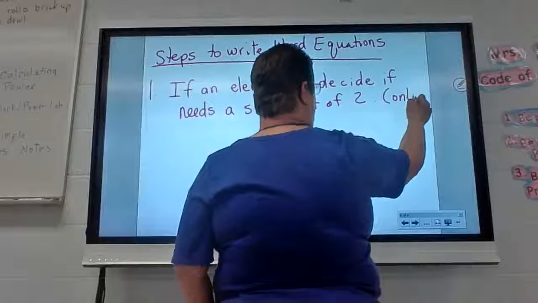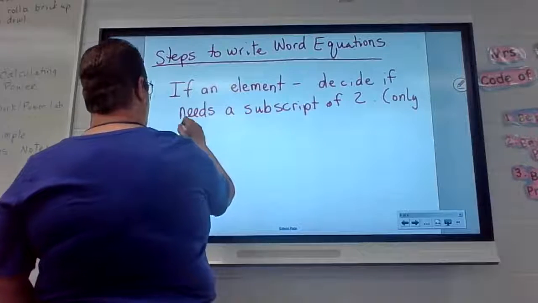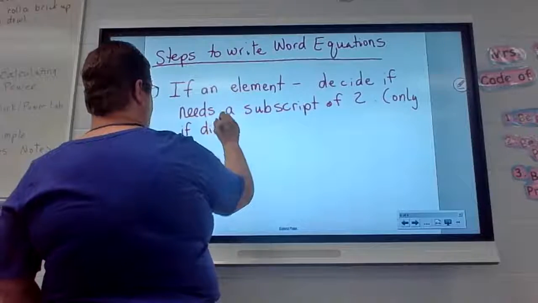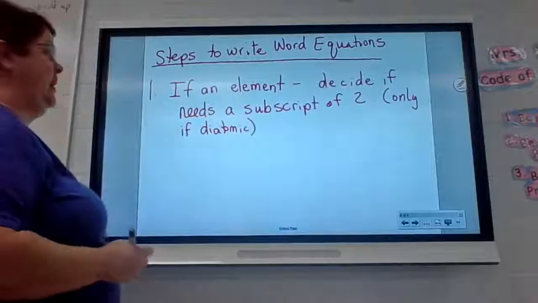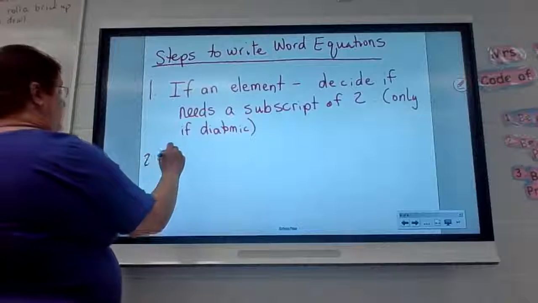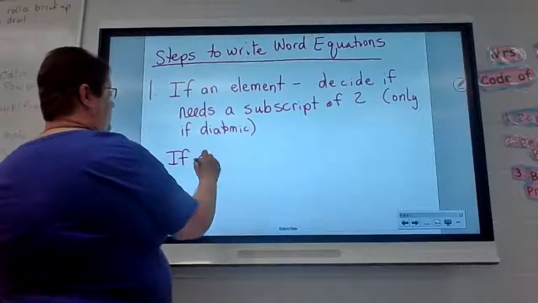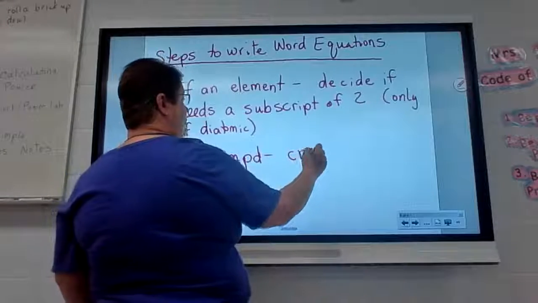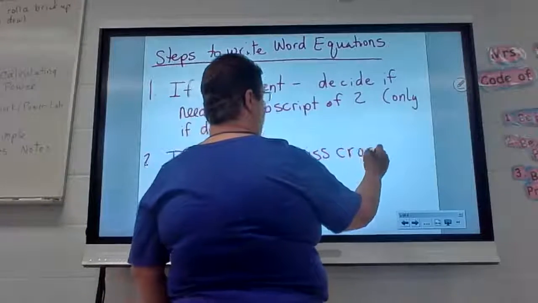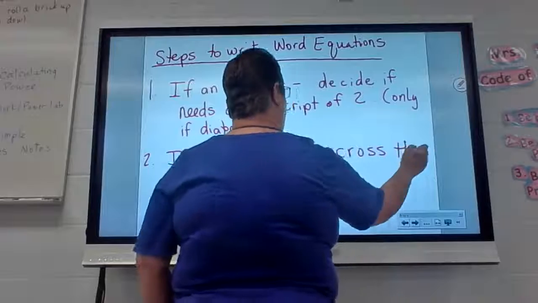I'm going to write in parentheses only if diatomic. And we'll talk about that as we do the steps. Number 2, if a compound, crisscross the oxidation numbers.